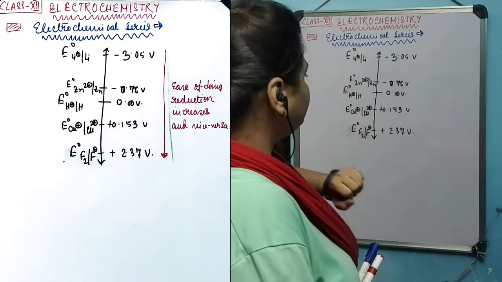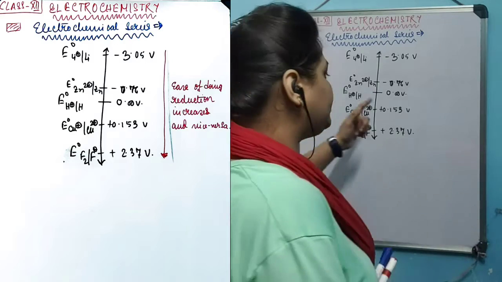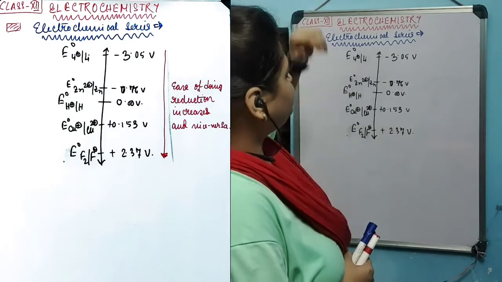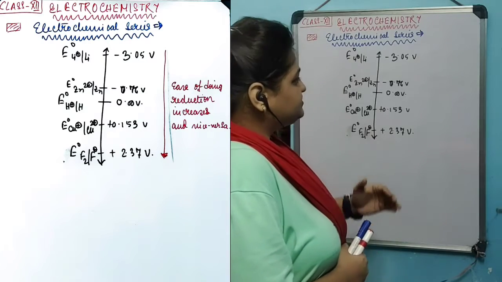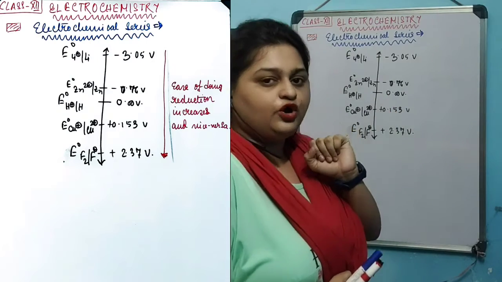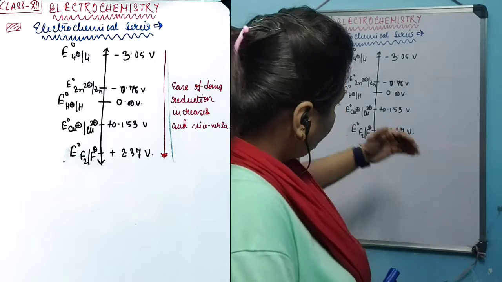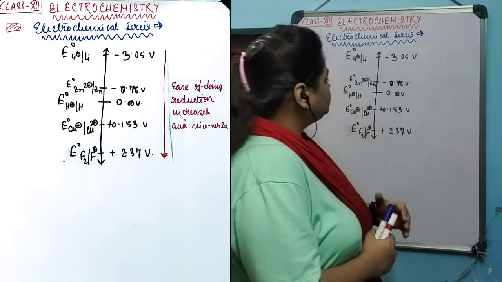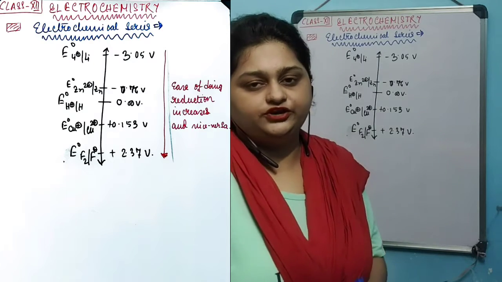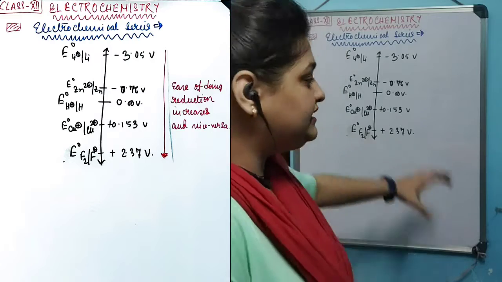A few more things you need to remember about this series: the more you move towards the top of the series from the 0 standard value, the more negative the electrode potential becomes. When you move further down from the 0 value, the more positive the value becomes. So it is a linear graph.